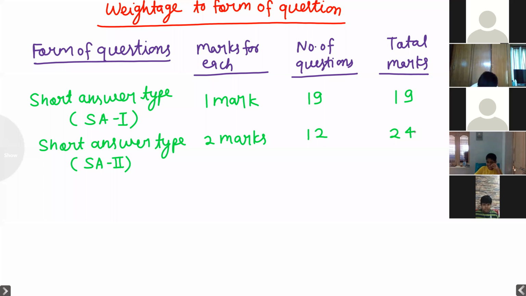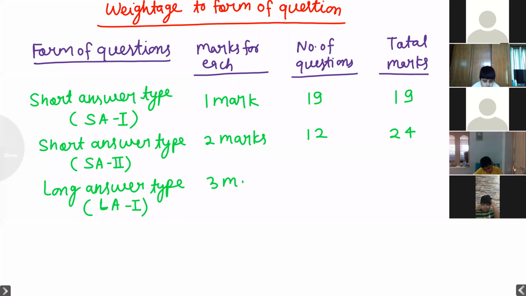Next, long answer type LA1, 3 marks. 7 questions. 7 threes are 21.